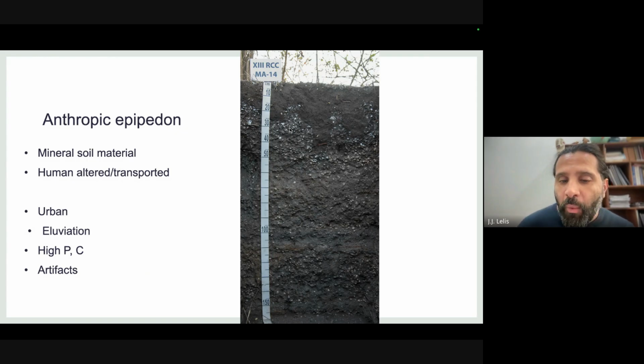Because these white fragments are just shells and bones added by humans, and this is related to human action trying to produce one of these soils in a higher position that could have a strategic position, and then they could survive human invasions, other tribes that try to invade that specific area.